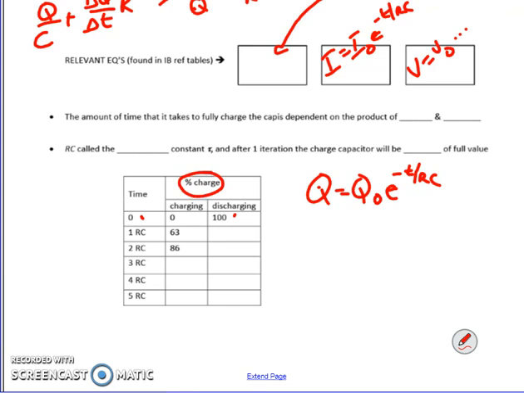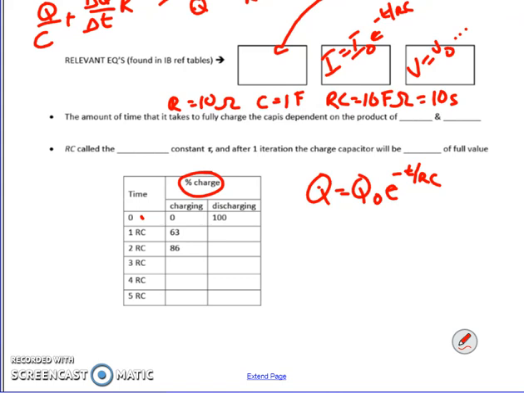So I'm looking at when we discharge. The first column is when we're charging. I'll worry about that later. Now, let's say, for argument's sake, our R is equal to 10 ohms, and our capacitance is equal to 1 farad. Let's just say that's the setup we have. Then the product of RC is 10 farad ohms. Well, 10 farad ohms, I'll let you work out, is the same as 10 seconds.